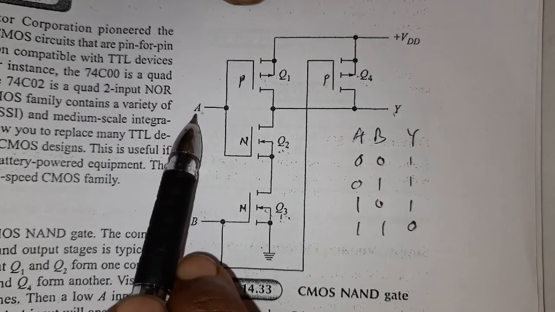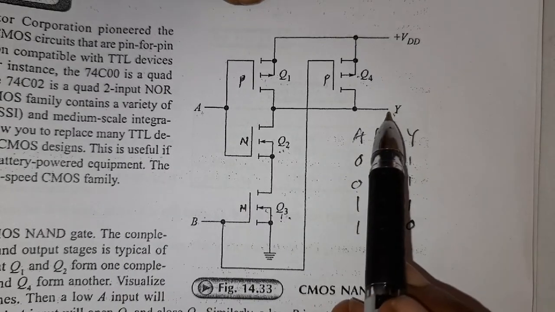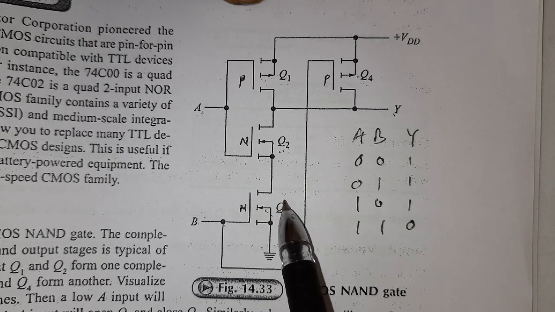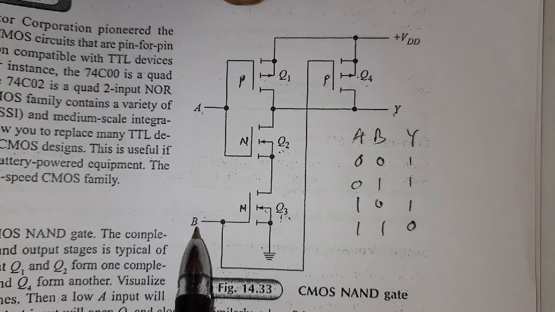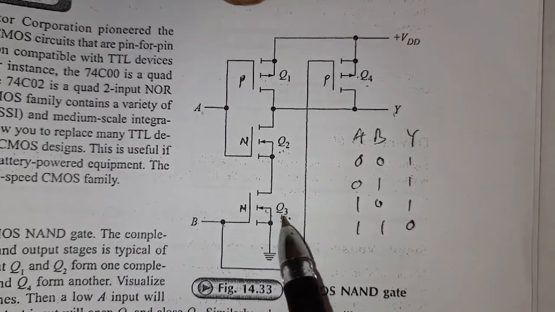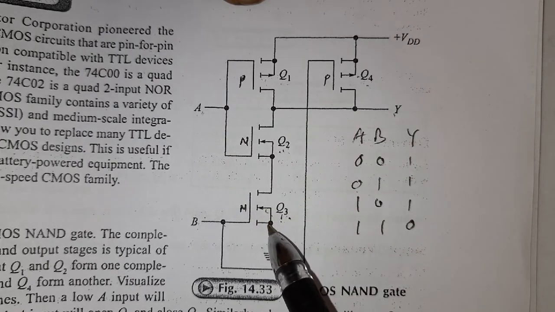When A is low, Q2 will be off and Q2 will prevent the wire from being connected to ground irrespective of Q3. When B is low, then Q4 is on and Q3 is off. Therefore, this will prevent the output wire from being connected to ground, to avoid the short circuit.